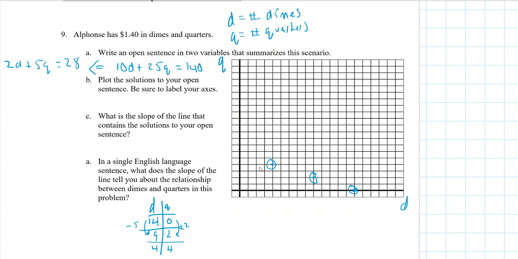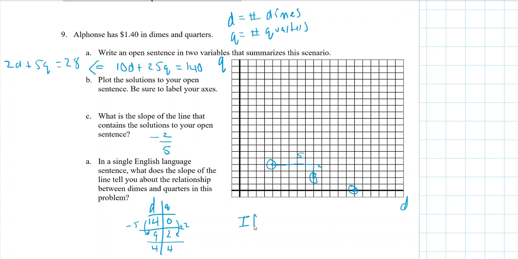And the slope of the line then we get by looking at, it's 1, 2, 3, 4, 5 over, down 2. So the slope of the line is minus 2 quarters for every plus 5 dimes. English language sentence, always start with the bottom when you're talking about slope.